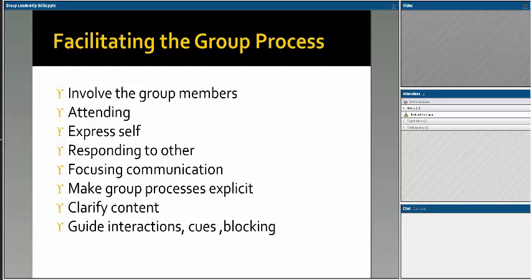Oftentimes, folks will go off task and start talking about other things, and it's your job as the leader to bring those back into compliance, to make the group process explicit. If there are conversations that aren't really clear, it's your job to clarify those, as well as to guide those interactions, to block and to cue people. That is a key part of facilitating group, which is your responsibility as a leader.